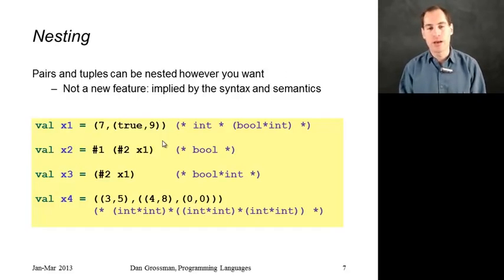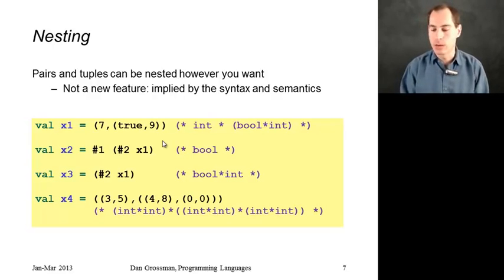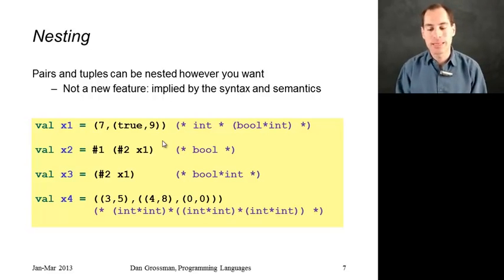I also want to emphasize that without adding anything new to our language, the rules I already showed you, you can nest tuples and other kinds of expressions as deep as you like. So I have a few examples here on the slide. We could type these into the read eval print loop or into an ML file as well. But for example, if you write 7, and then in its own pair, true, 9, well, that's going to be a pair where the first part has type int, and the second part is also a pair of type bool star int.